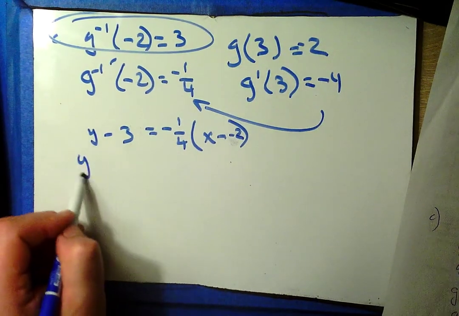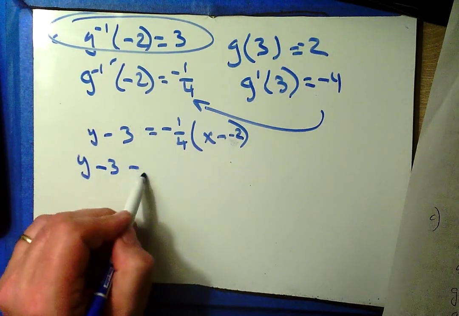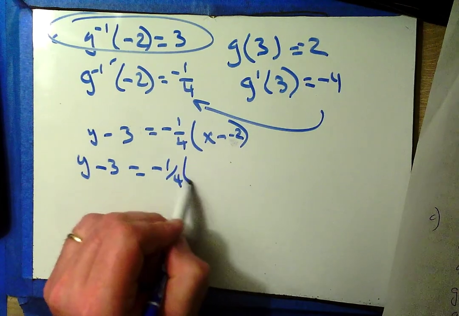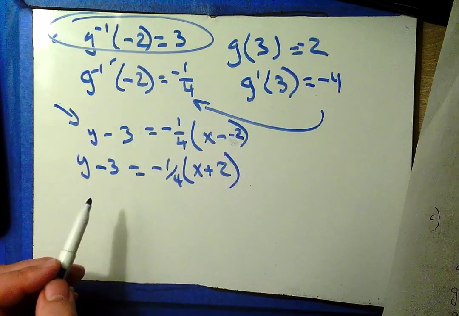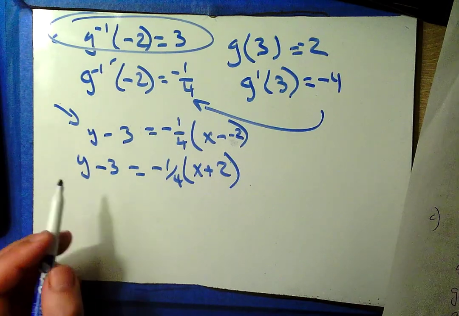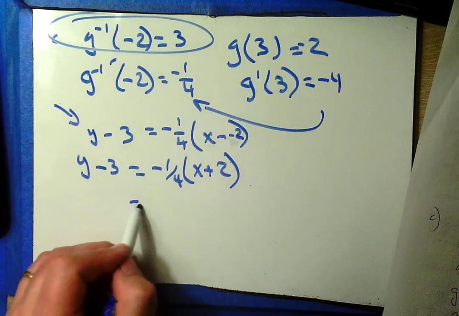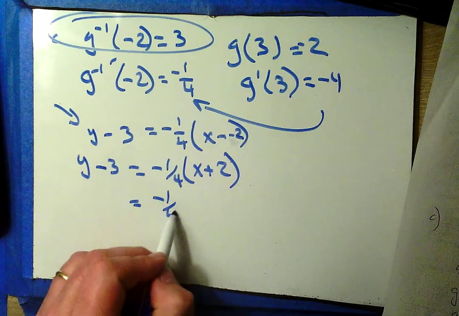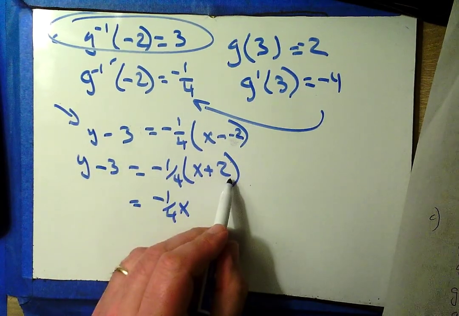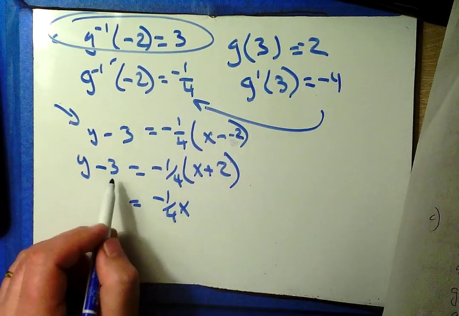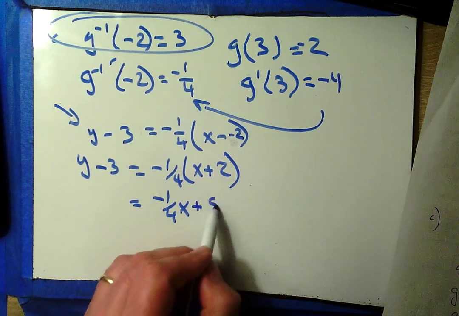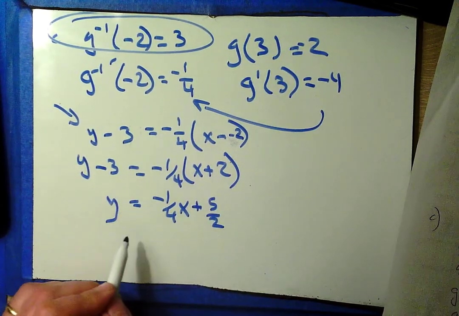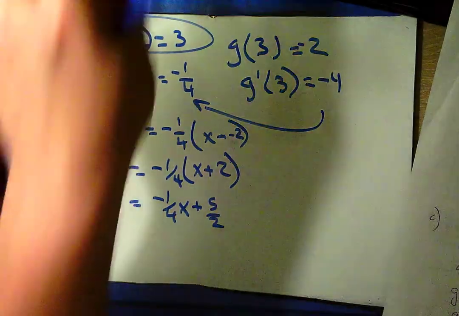Okay, so we get y minus 3 is negative 1/4 x plus 2. Again, I'd probably stop here, though you can certainly tidy this up if you like, and you should end up with negative 1/4 x minus 2/4 plus 12/4 is 10/4 or 5/2. There's our tangent line for part C.